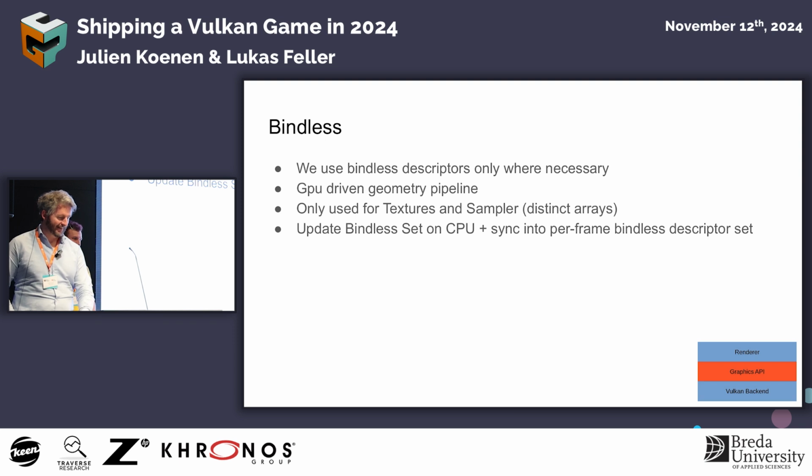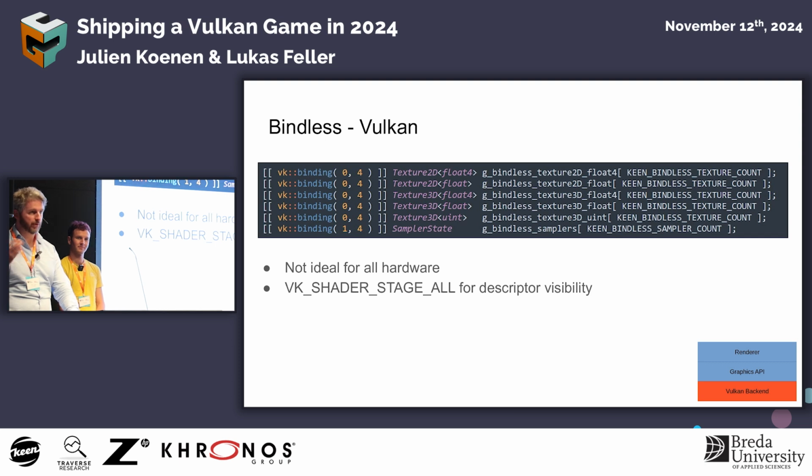The way we do that, we basically have one set of bound resources on the CPU, and then for each frame, another copy of that. Whenever we bind a new texture or write a new texture in the slot, we set a dirty bit, and then update the Vulkan descriptor set for this particular frame just before we submit it.